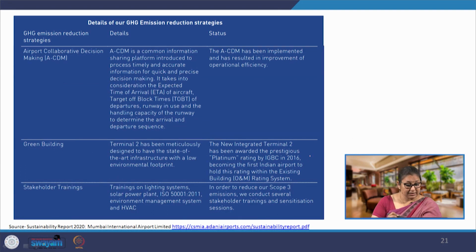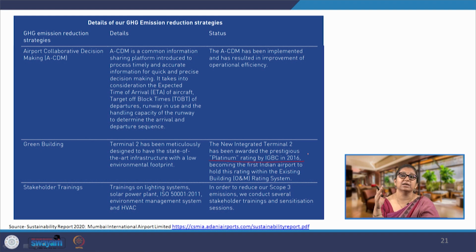Another thing that they have done is that they have designed the entire Terminal 2 building as a green building. The Terminal 2 building is a platinum rated building by IGBC, Indian Green Building Council, and it is consuming a significantly lower amount of electricity through design as well as construction. So, designing the building in such a manner that it requires less electricity for artificial lighting, for HVAC, and for commuting of passengers.